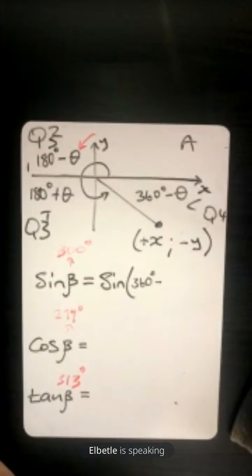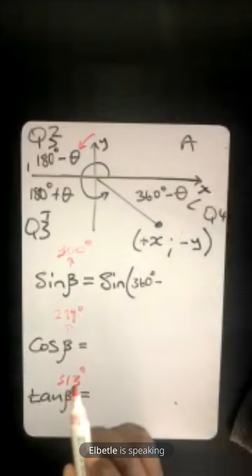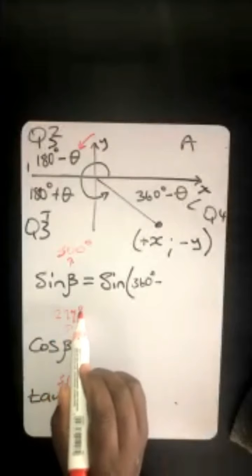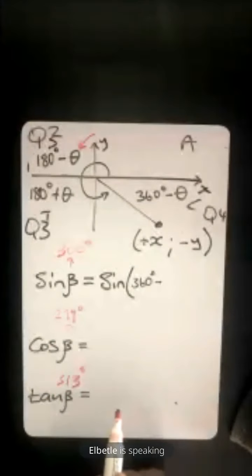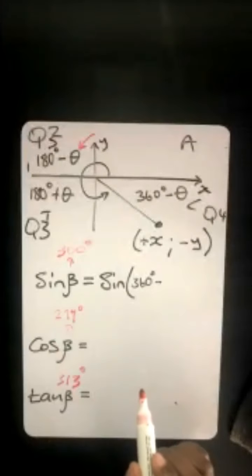Yes, someone has got a question? Wait, I'll be speaking. Wait, what is cos beta and tan beta there? The angle. Cos beta, this is 279 degrees. This is 313 degrees. It's 279. Yes, 279.